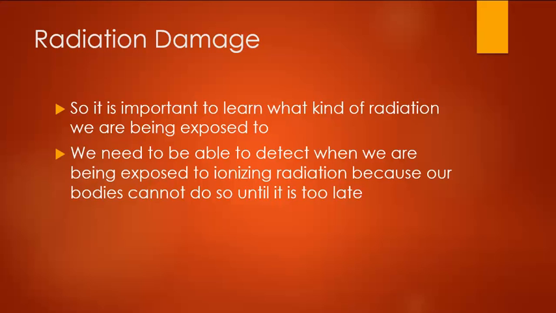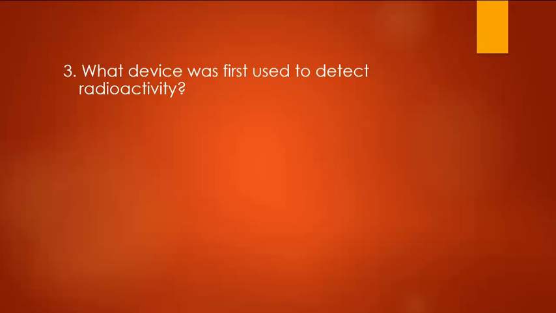Then the chances of him getting cancer in those parts of his body will increase. But by then it's too late. So there has to be a way of determining that you are dealing with radioactive stuff before you die from it. And that is using a Geiger counter.